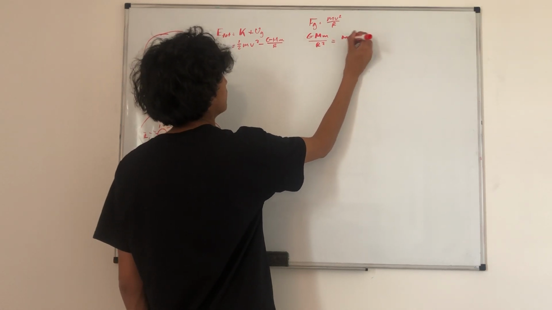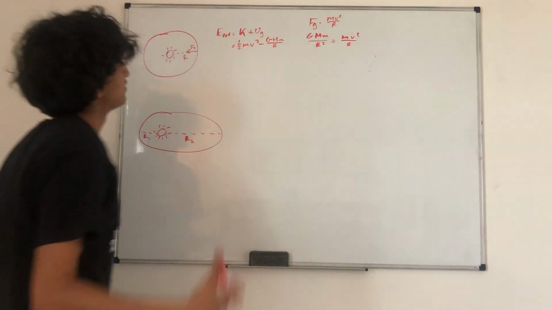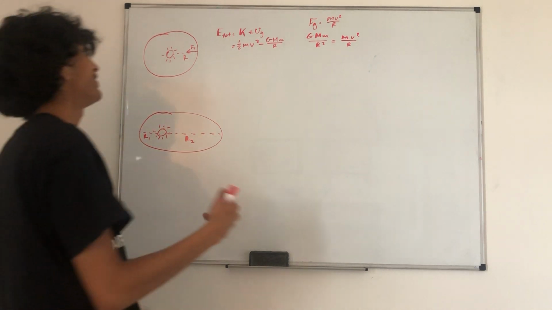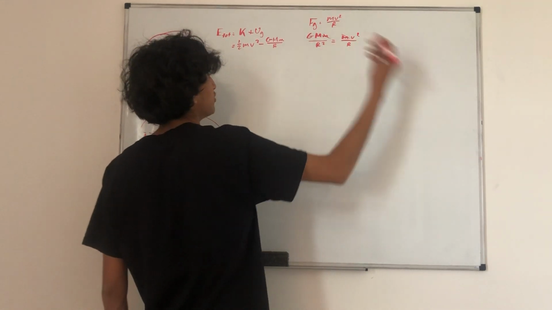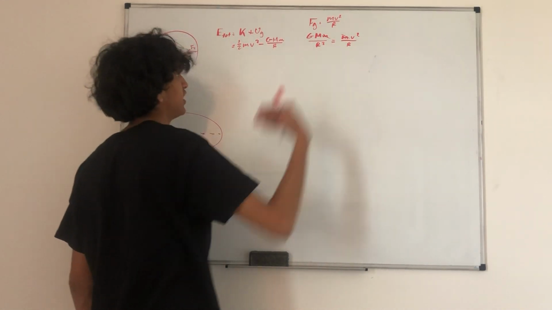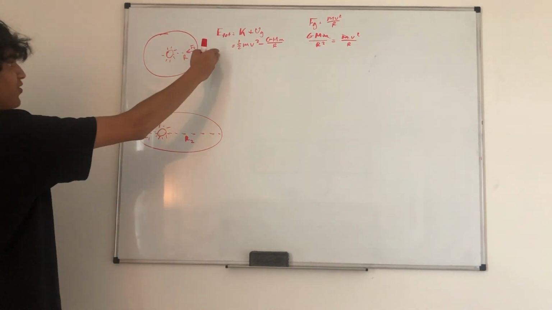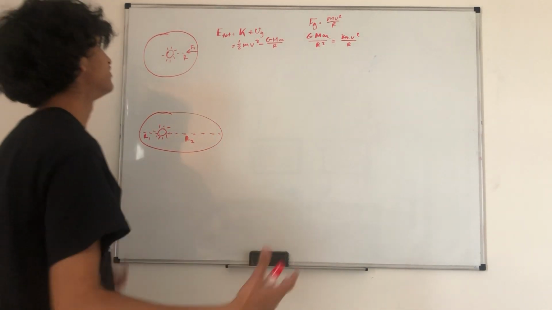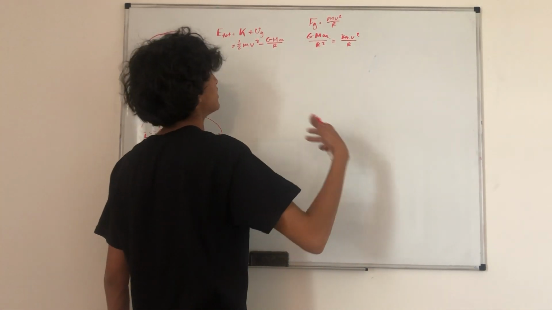So the big M is the mass of the sun, little m is the mass of the satellite, and hey, there's a little m on both sides. There's also the r. These are the same r in this case, because r is the orbital radius, which is also the distance between the sun and the satellite.